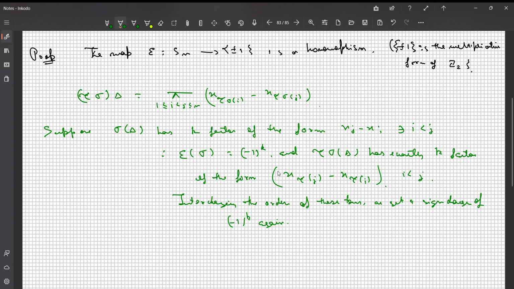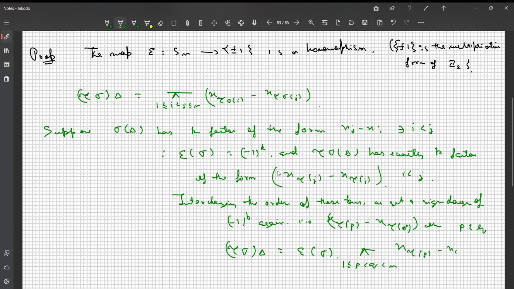So that means if I change the order of these terms, then I can map this delta with respect to tau, irrespective of what the sign change with respect to sigma was. Right? So we can write this as x tau of p minus x tau of q, where p is less than q.